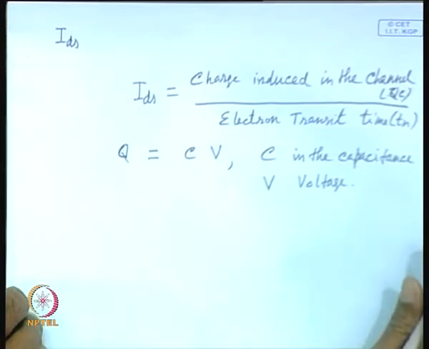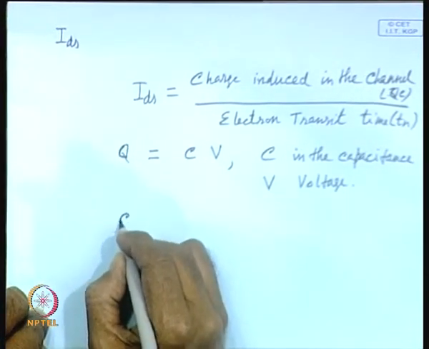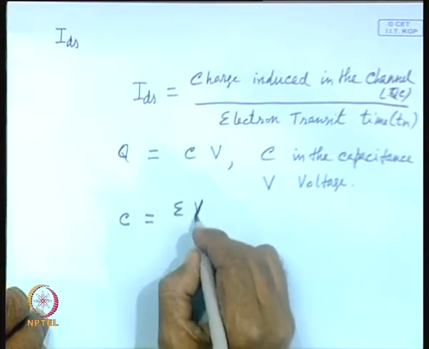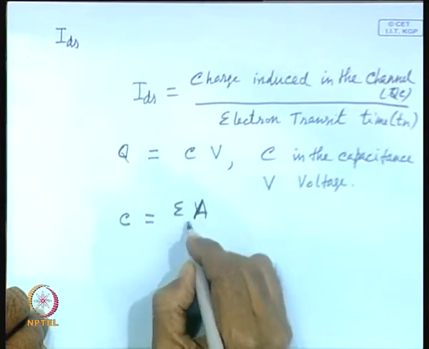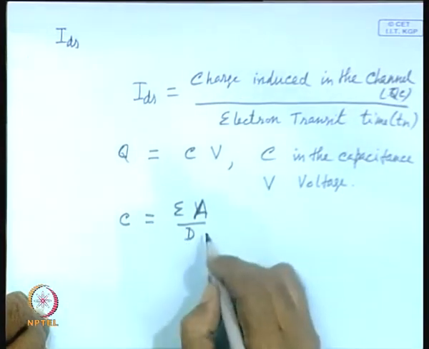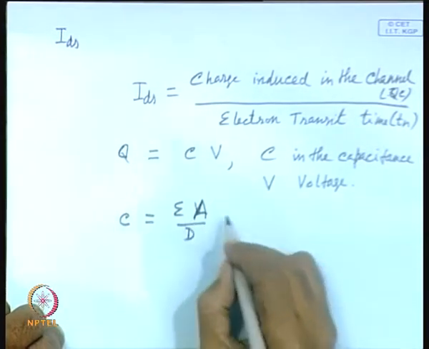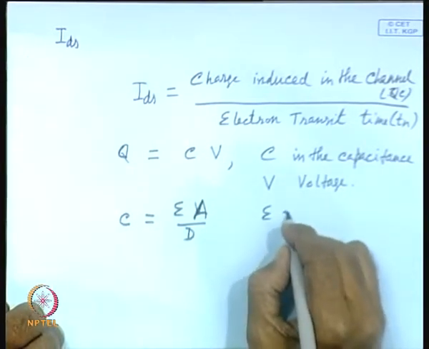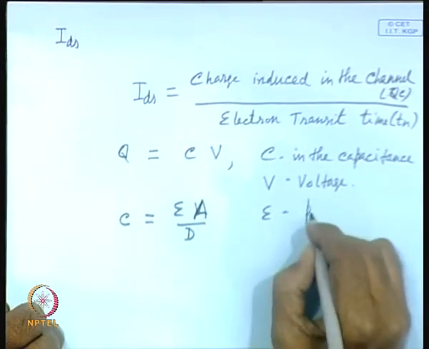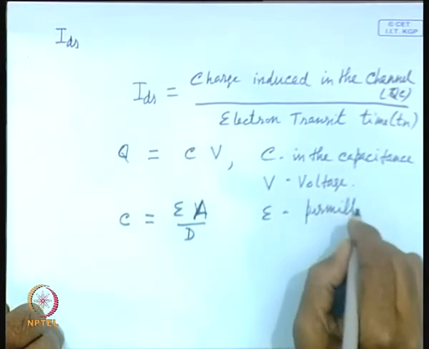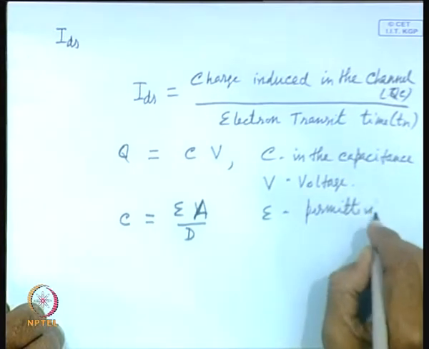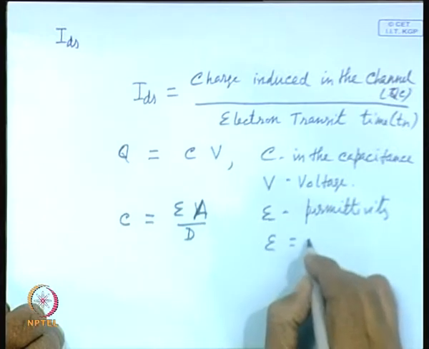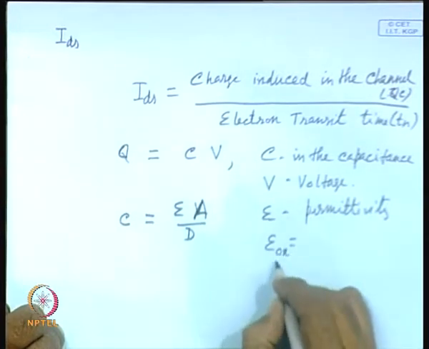And as you know, this capacitance C is equal to epsilon times A, the area of the plate, divided by D, the thickness of the silicon dioxide layer. Here epsilon is the permittivity of the insulator, and in this case we shall be using silicon dioxide.